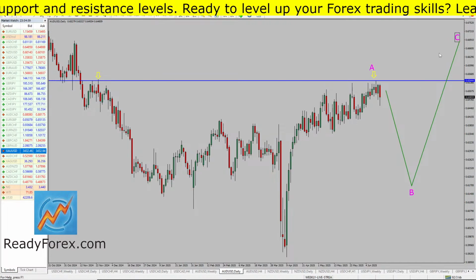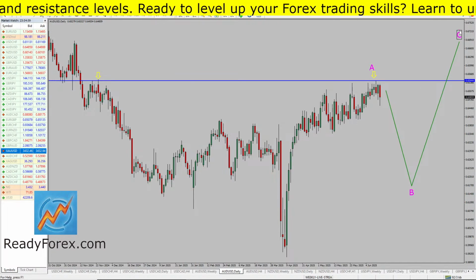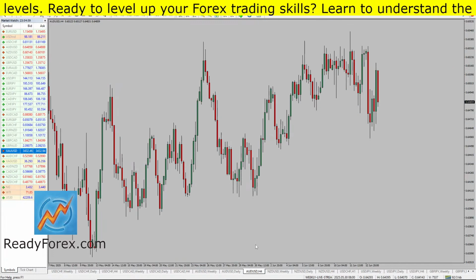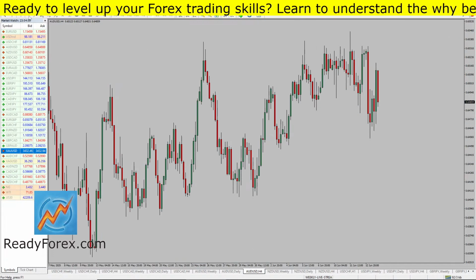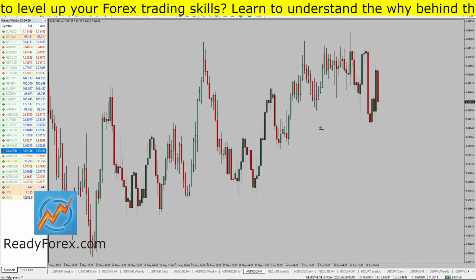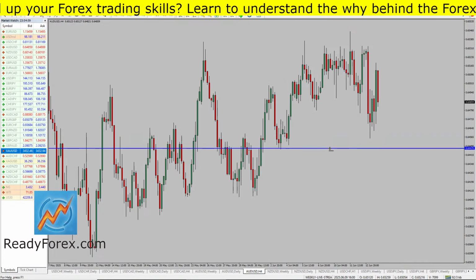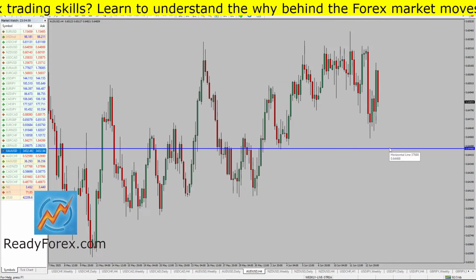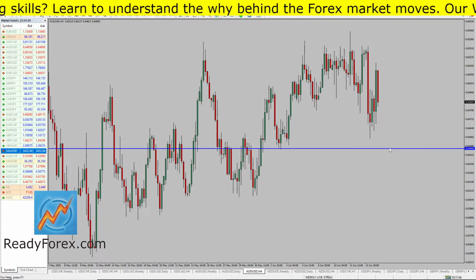Now as far as the forecast goes, this is just a forecast. As far as the trading is concerned, a good idea is to wait for the price action to break down below the 0.6446 level inside the 4-hour time frame.